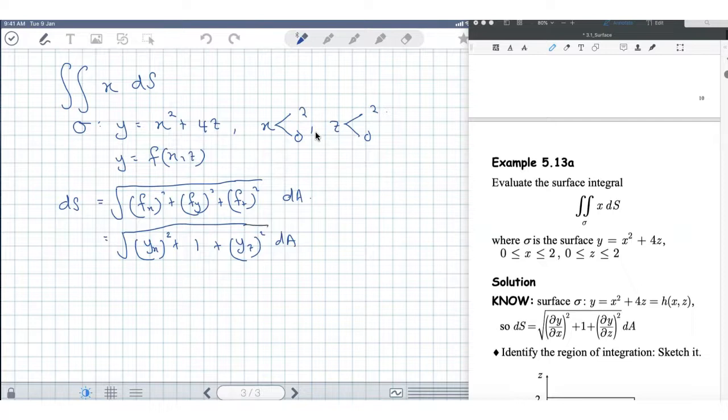You differentiate y with respect to x, which gives you 2x, so you have (2x) squared plus 1, and y with respect to z gives you 4 squared.